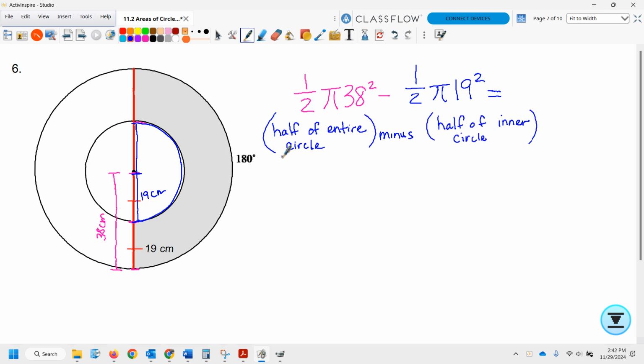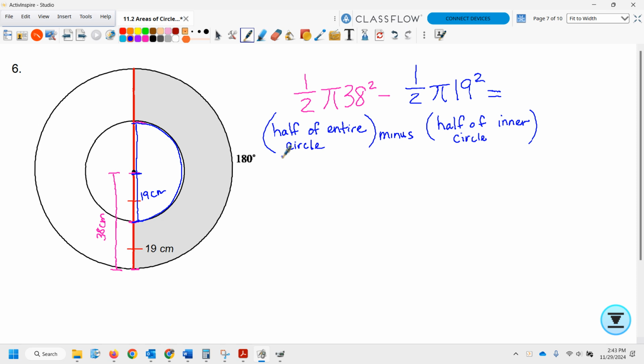Now let's punch this in our calculators and get to it. What the heck? So half, 1 divided by 2 times pi times 38 squared minus 1 divided by 2, which is a half, times pi times 19 squared. And I round to the nearest tenth for the love of cheese.